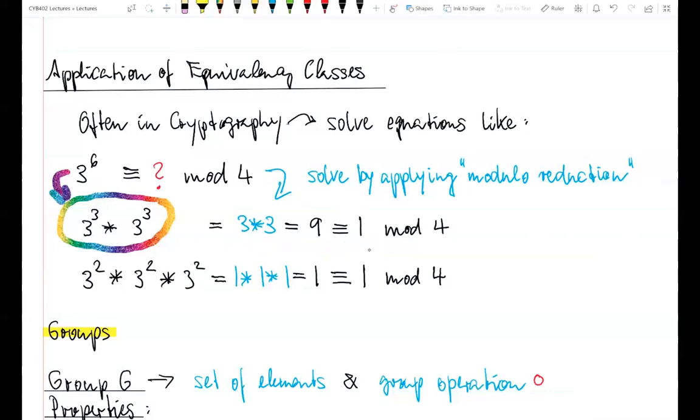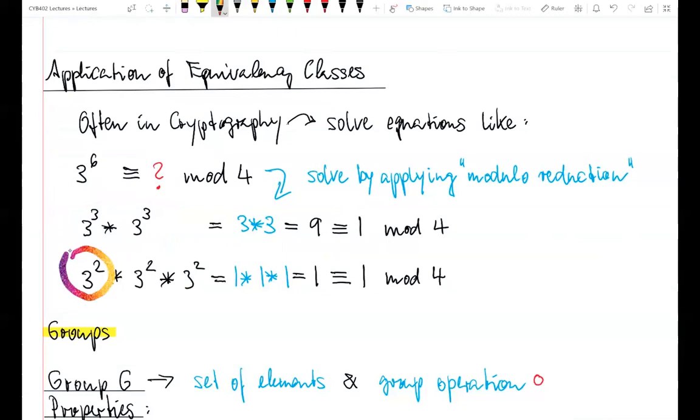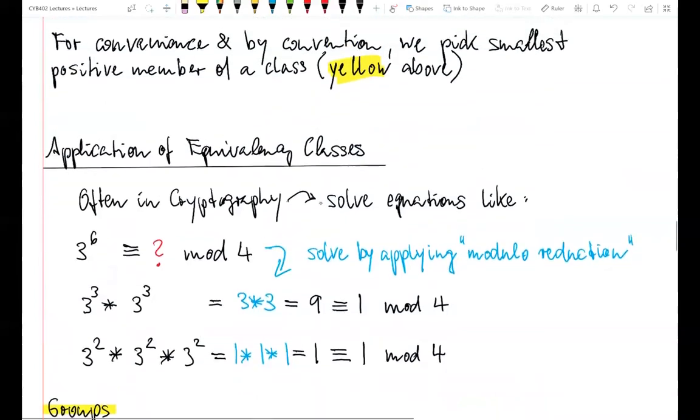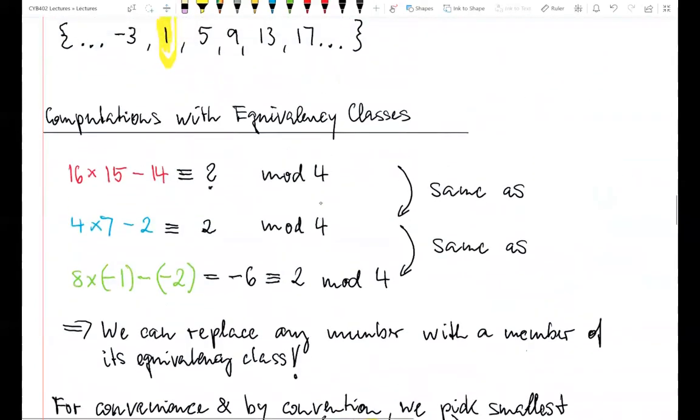One other thing that we could do is just say, okay, 3 to the 6 is 3 to the 2, and that to the 3. So 3 to the 2 times 3 to the 2 times 3 to the 2. And we already said that 9 is congruent to 1. And we also see that in the equivalency class up here.